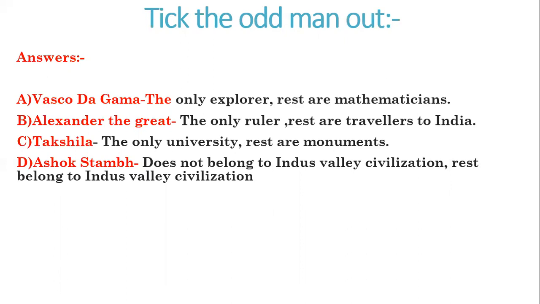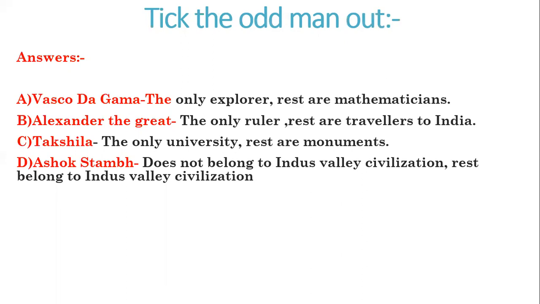Second answer is Alexander the Great because he is the only ruler. Fa-Hien, Hsuan Tsang, and Megasthenes, all these are travelers to India. Third one is Takshila because Takshila is the only university. Rest Sarnath, Mehrauli, and Bodh Gaya all are monuments.